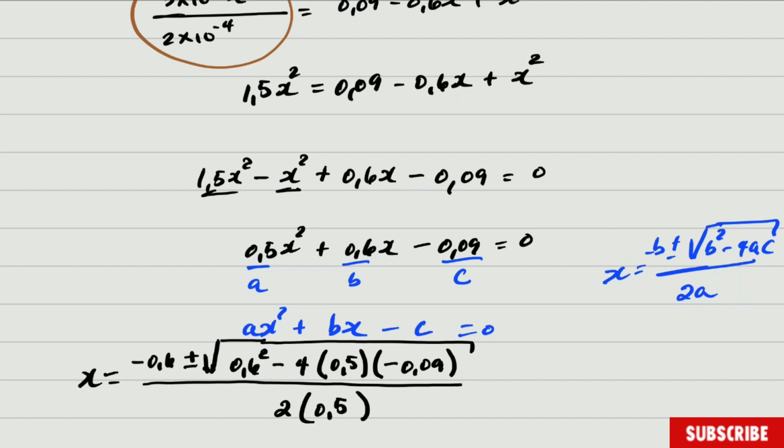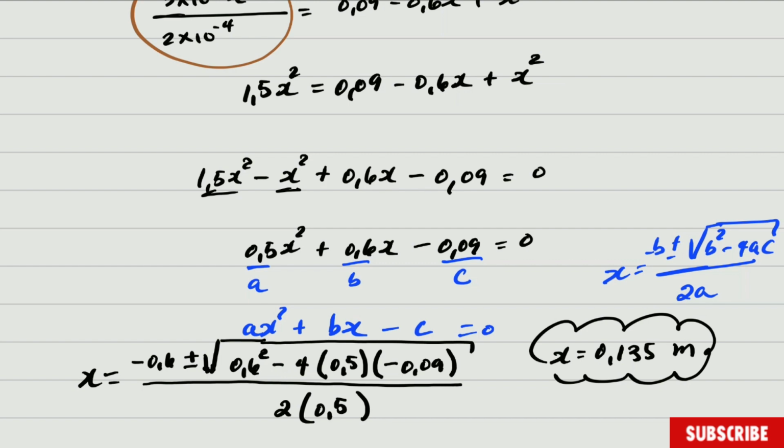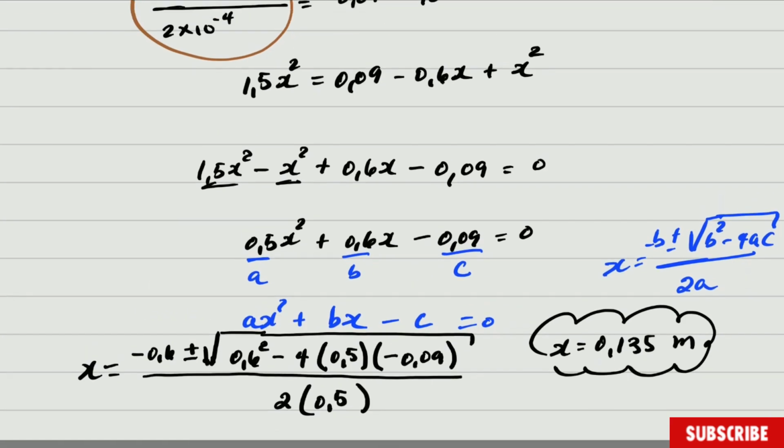And when you substitute this one, if you substitute the positive in this formula, you'll get the correct answer, which is equal to 0.135 meters. If you substitute the minus, you will get the negative answer, which is not correct. So where is the sphere going to be?